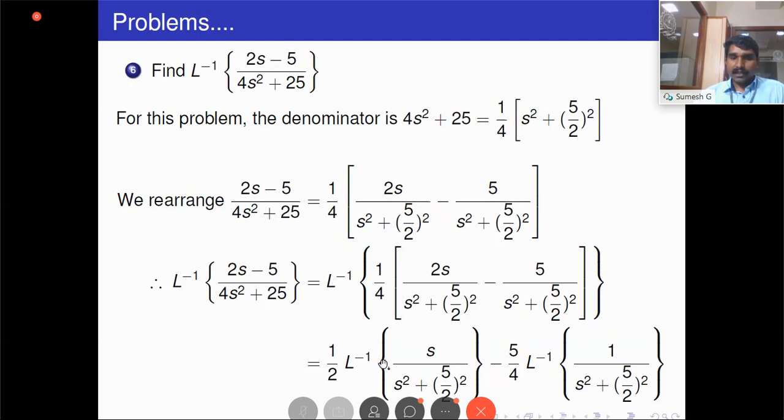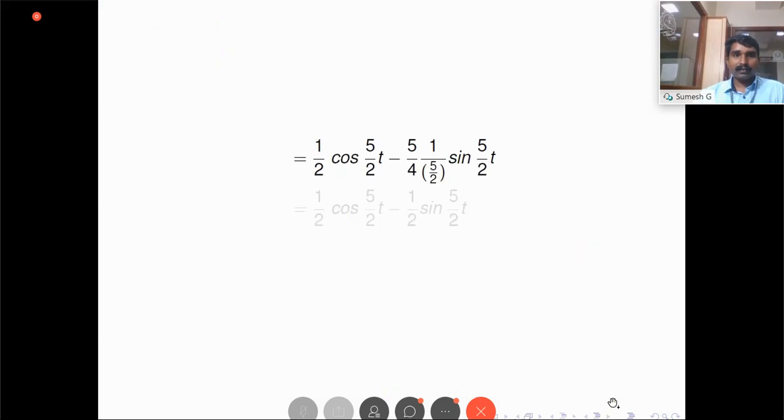So these are in the standard format. L inverse of s/(s² + a²) is cos at. The second one, L inverse of 1/(s² + a²), is (1/a) sin at. So we obtain the answer as 1/2 cos (5/2)t minus 1/2 sin (5/2)t.